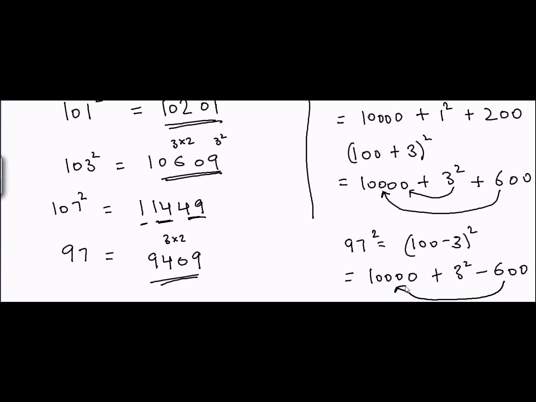If you remember this conversion, then you can remember this kind of a plus b square in your mind, and then it's very easy when you do these calculations. Once you practice it, then it will be easy for you. So now let's go to trick number 3.